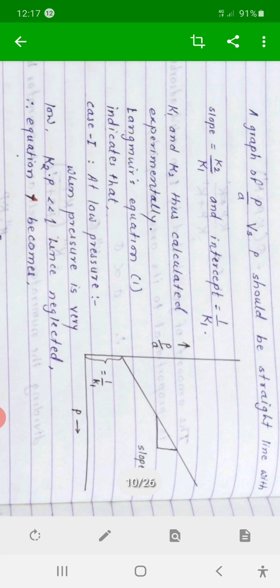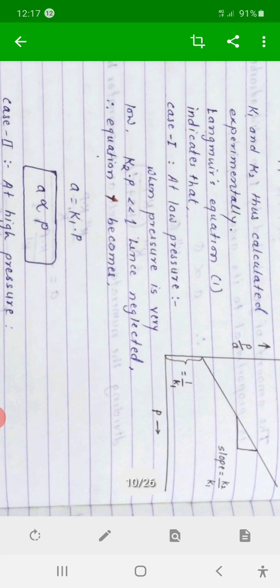The Langmuir equation indicates the following. Case 1: at low pressure, when pressure is very low, K2 into P is very small, less than 1, and therefore neglected.